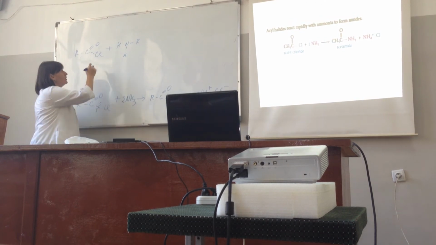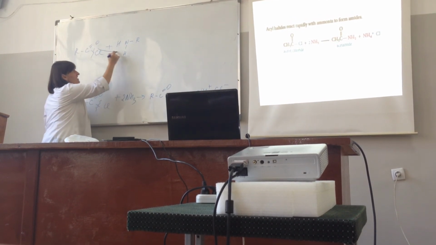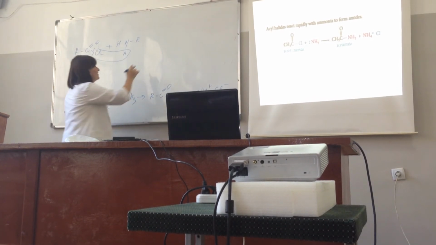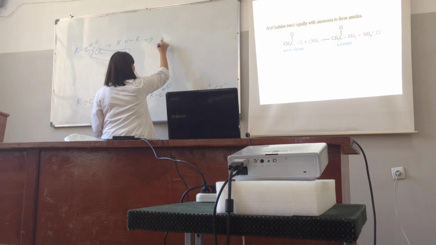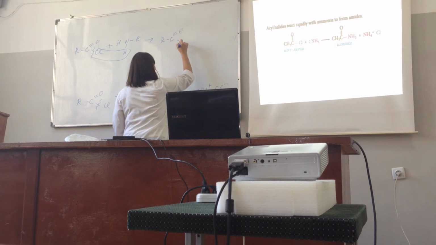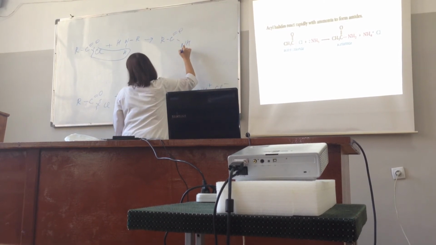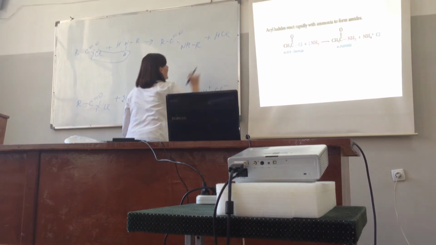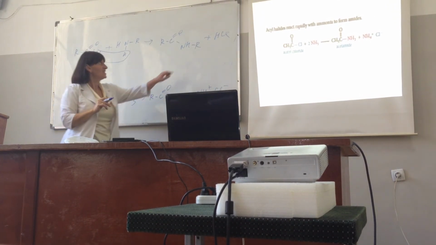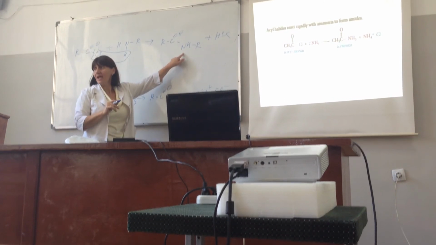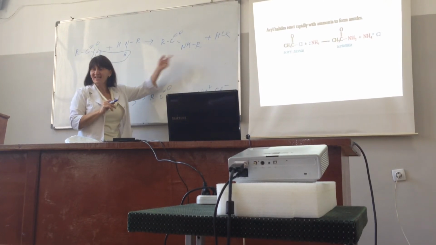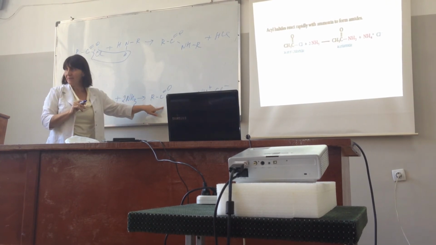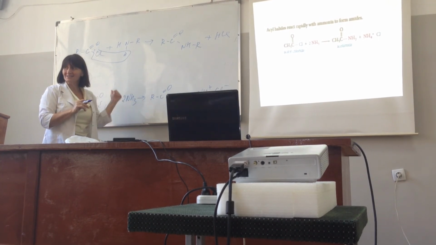Which one is your leaving group here? Cl, yeah? This Cl takes this H atom, and finally you get RCONHR plus HCl. As you see here, you get secondary amide. Now, once again, if you use ammonia, you get primary amide from acyl halide.